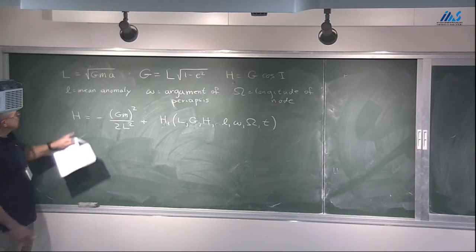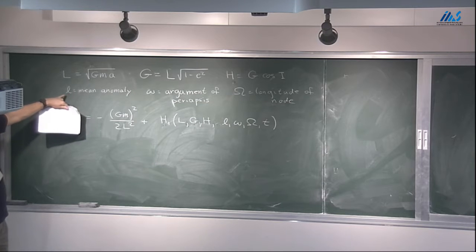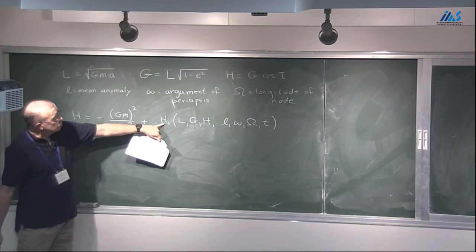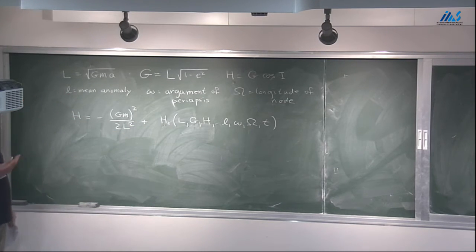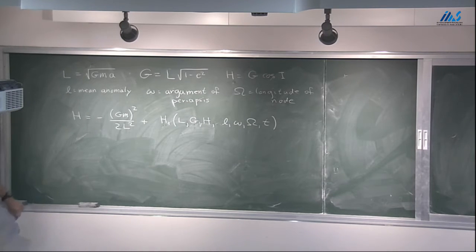The first obvious simplification is because these are angle variables that go between 0 and 2 pi. That means that the perturbing Hamiltonian can't depend on these variables except modulo 2 pi, and that means you can always expand it in a Fourier series.